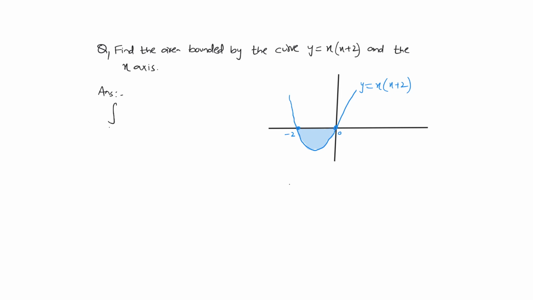I have to integrate x times (x plus 2) dx from -2 to 0. So if you multiply that out, you get x squared plus 2x, from -2 to 0, dx.